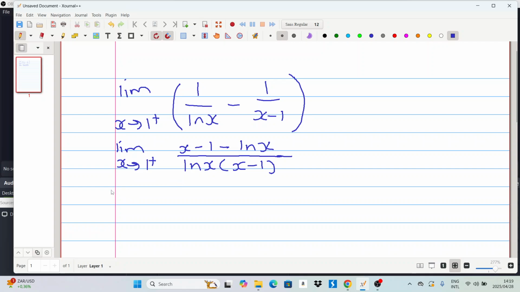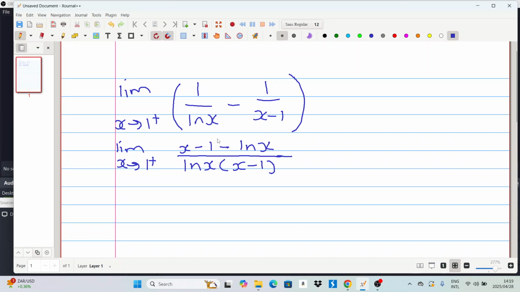Right, so when you have it like this, we can do substitution. If we directly substitute 1 here, then 1 minus 1 is going to give us 0, minus ln 1, and ln 1 is 0.